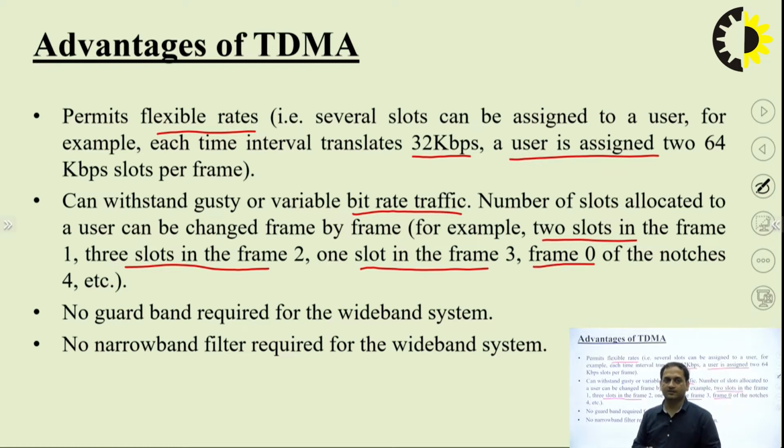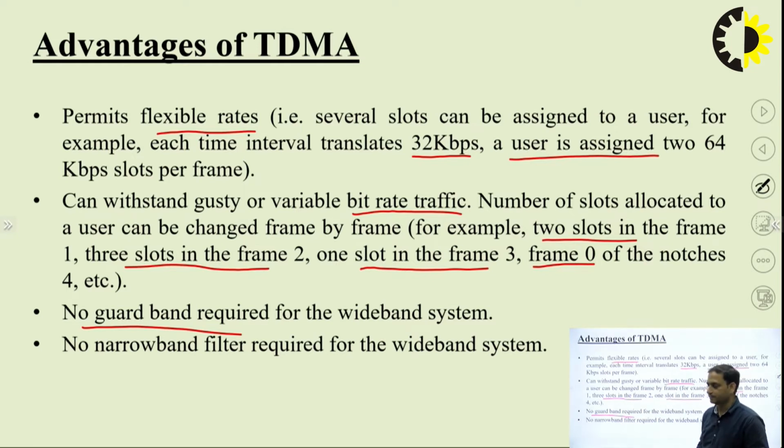In this way, different slots can be assigned by using the common channel. So no guard bands are required. This is one of the very important properties of the TDMA system. No narrowband filters are required in this case, because we have the fixed common bandwidth, so we are not dividing the bandwidth. We are using the same wide bandwidth or wideband channel.